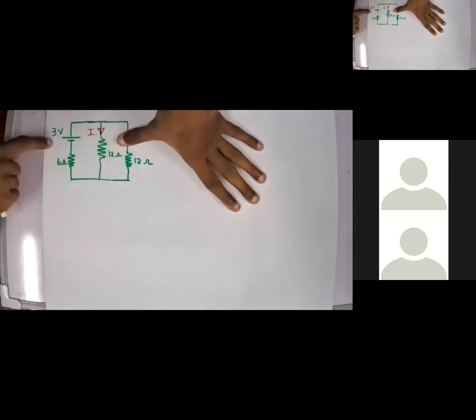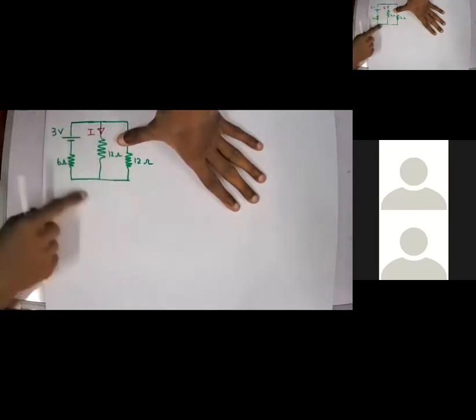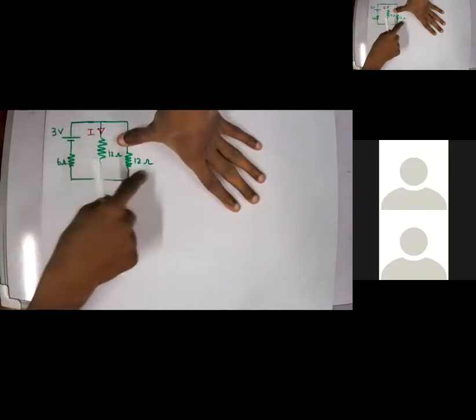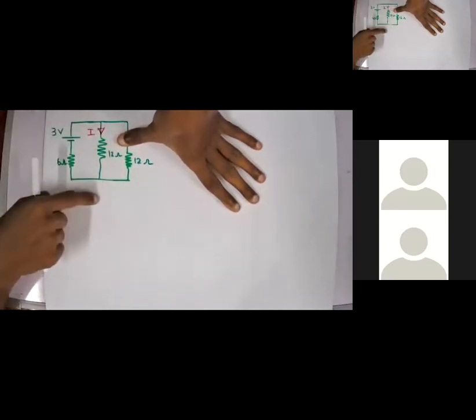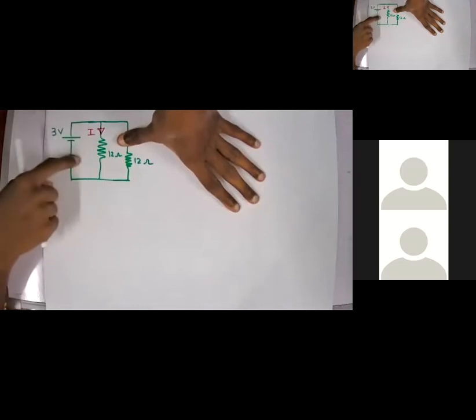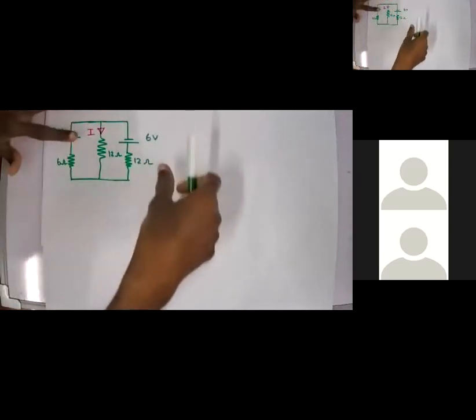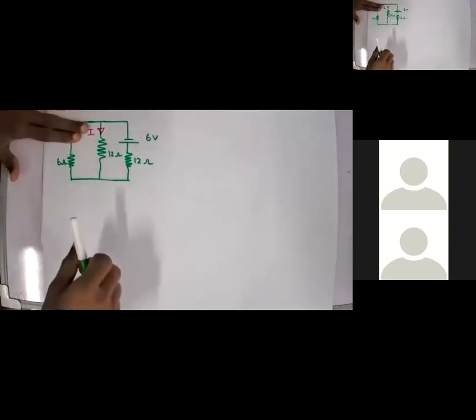Now you have only one battery, so you can simply solve this one. 12, 12 parallel, so 6, 6, 12. So you can simply calculate the current through this one. And also you need to solve again by removing this one, and you will get another value.